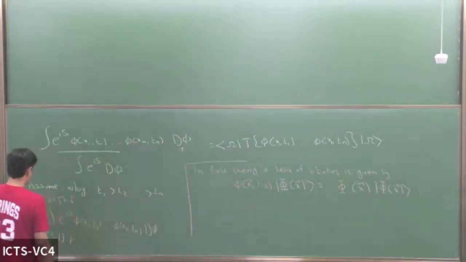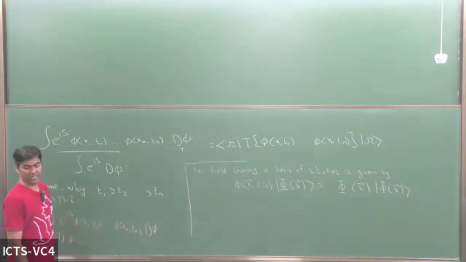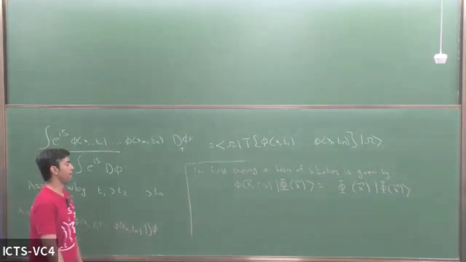Now you see this eigenstate tells you that you're evolving from the state psi to some other state in the future, which is psi tilde. So now this path integral you can break up in the following way.